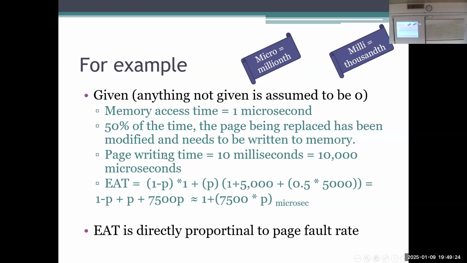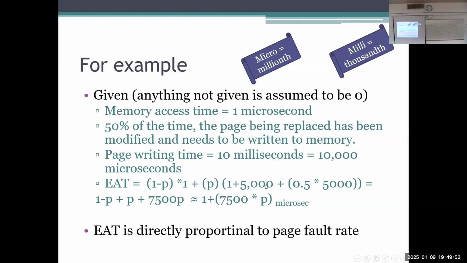With 50% chance it needs to be swapped out, so it's divided by 2. No, I did it twice. It's my mistake. I gotta fix this also. Sorry, I was doing this too quickly. I took this 10,000 and divided it in half, and then I divided it in half again.